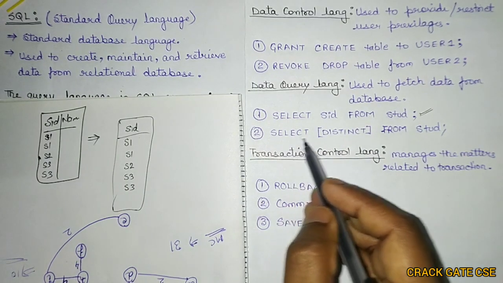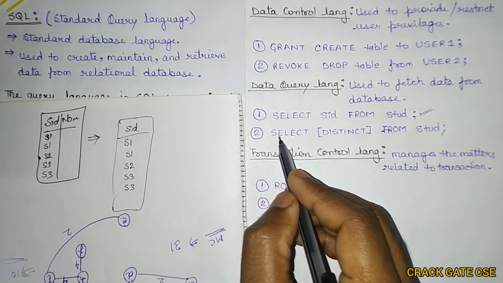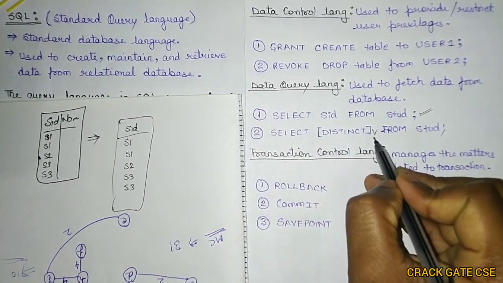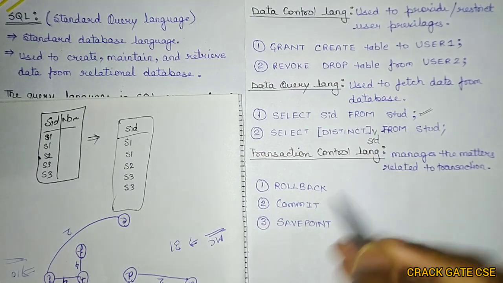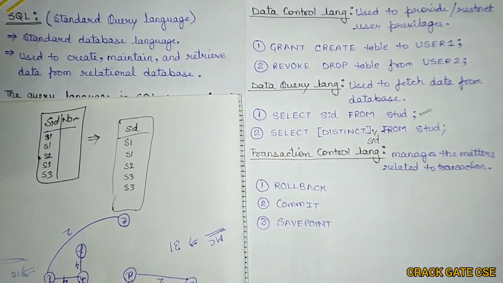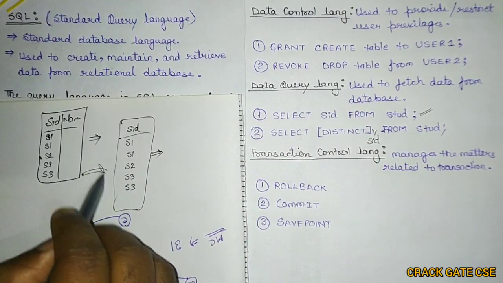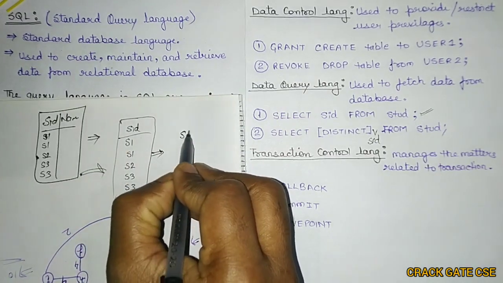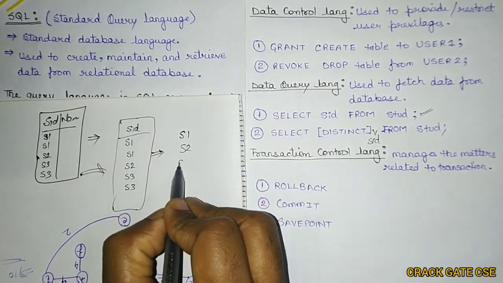But if you need distinct values, you can write it like SELECT DISTINCT student ID FROM student. If you put the DISTINCT keyword in a particular query, it will give you the distinct values. First it will find all the student IDs, then from these IDs it will find the distinct values like S1, S2, S3.